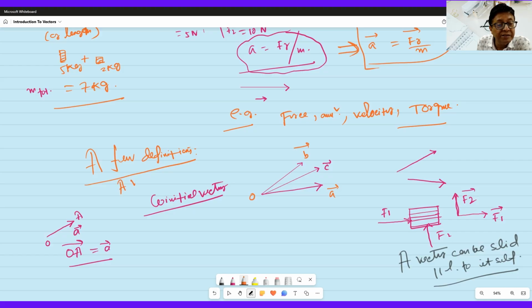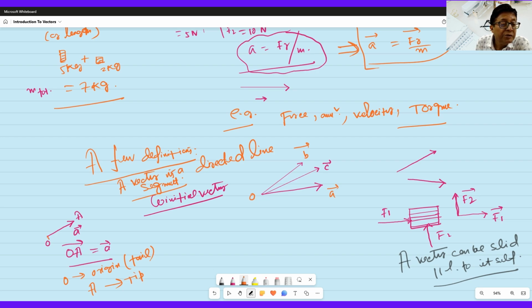A vector is a directed line segment. When two or more vectors start from the same point, for the vector OA, O is known as the origin or tail of the vector and A is called the tip of the vector.